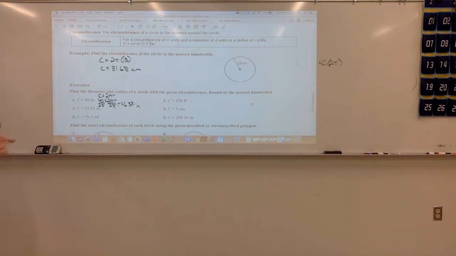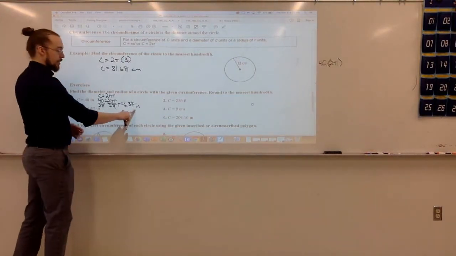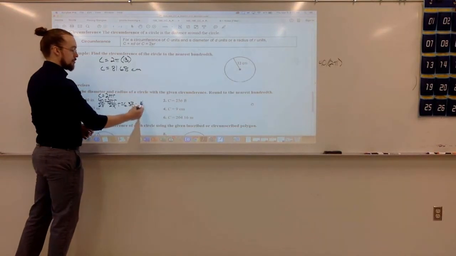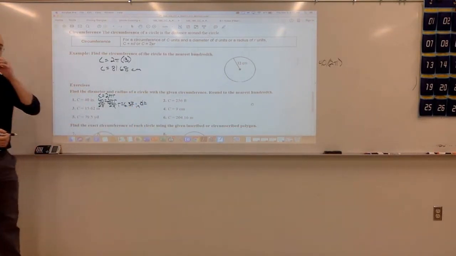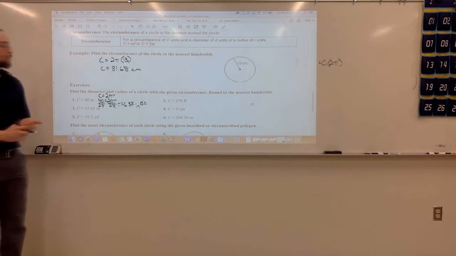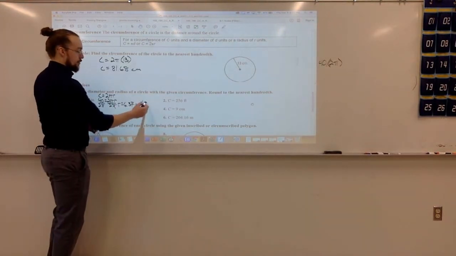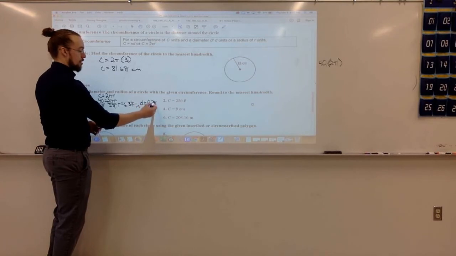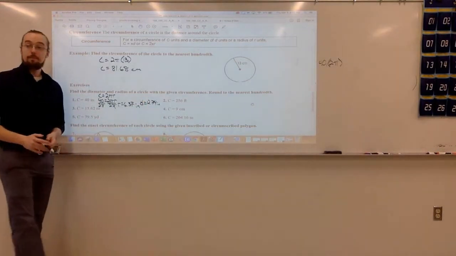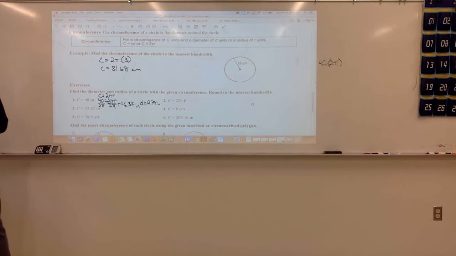So then to find the diameter, we can just take our answer for the radius and multiply it by 2. So 6.37 times 2 would be 12.74. Well, 6 times 2 is 12. 30 times 2 is 60. And 7 times 2 is 14. So I just added that together.